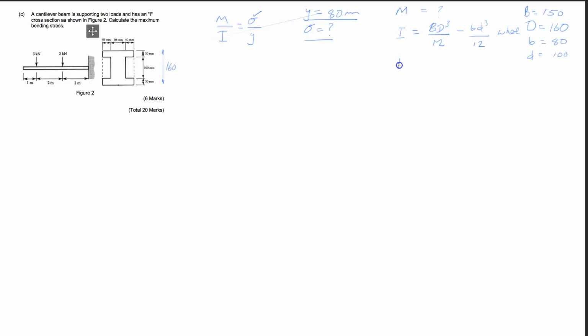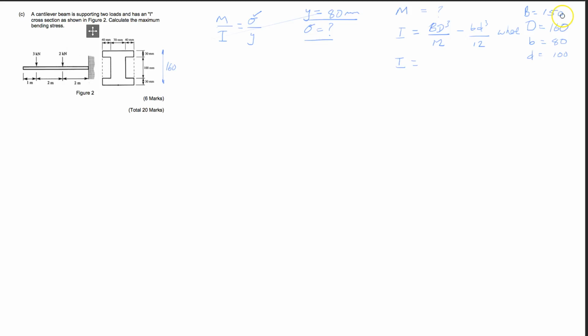So I can say I is equal to 150 times 160 cubed. That's important so you realise it's just the 160 that's cubed. And I realise I'm doing it not in SI units. Okay, let's try that again.